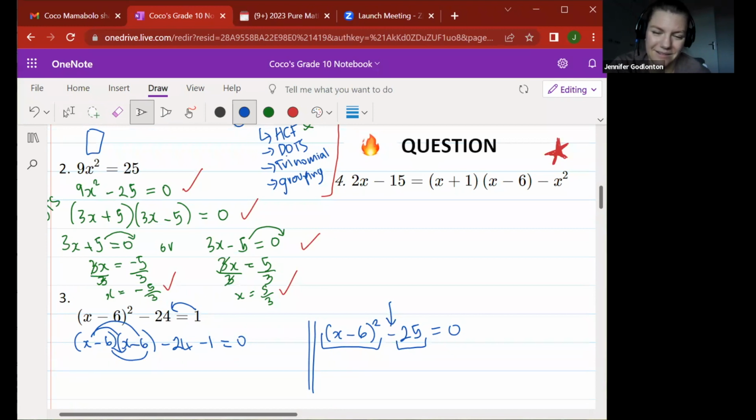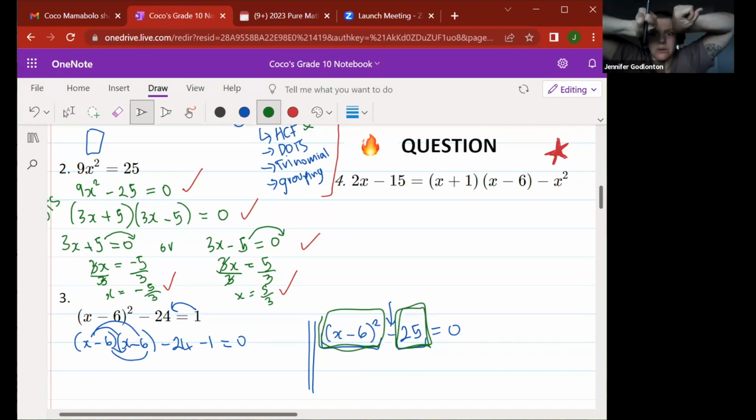Wouldn't you just minus or add? Because this is one thing. They're their own people. Would you multiply it in? So that's what you're doing on the side over here.